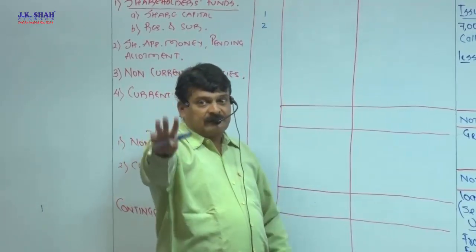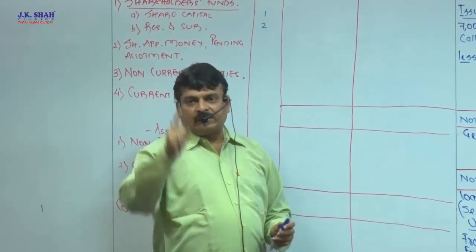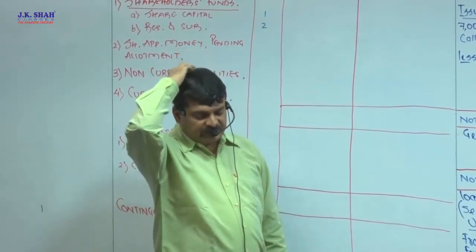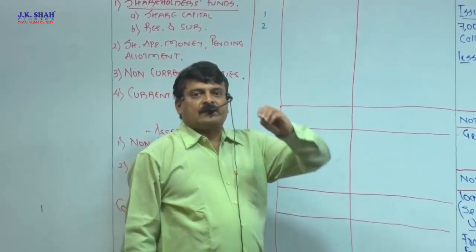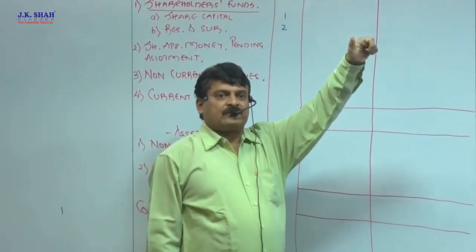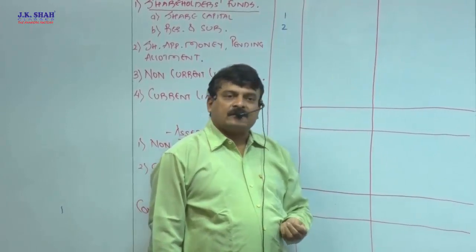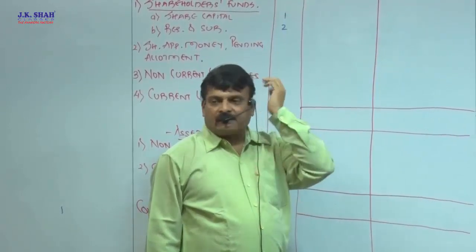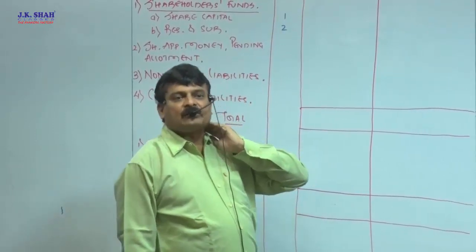Read adjustments. Anything yet to be recorded? Yes. Read your additional information. What is the first information? There are some number of shares which are issued for consideration other than cash. Tell me, how many number of shares? 4,20,000.